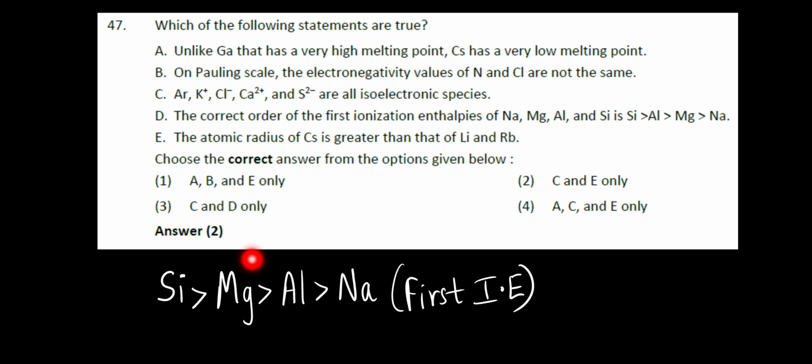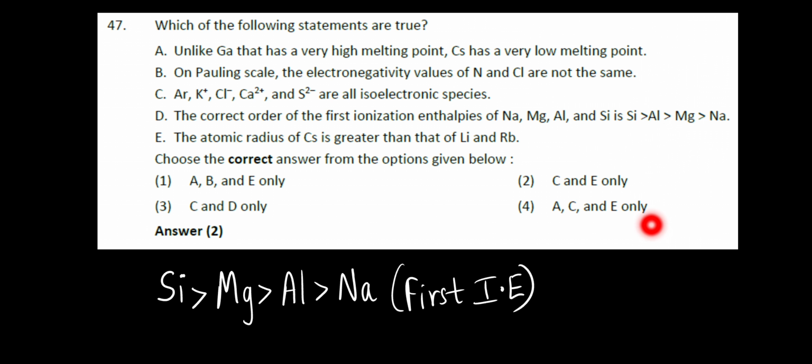The correct statement is that magnesium has greater ionization energy as compared to aluminium because it has a completely filled s orbital, s2. So removing an electron from magnesium would be more difficult as compared to aluminium. That is why magnesium has higher ionization energy. So D is incorrect.